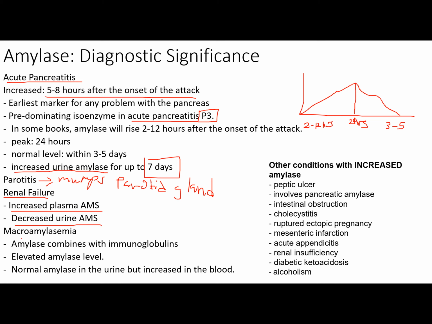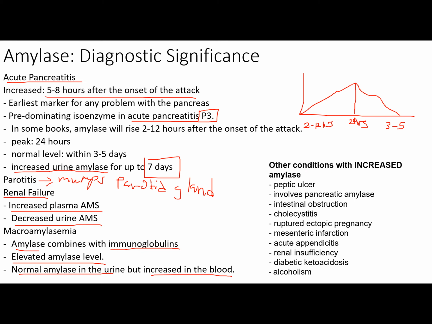Then we have the so-called macroamylasemia. Macroamylasemia usually occurs when amylase combines with antibodies or immunoglobulin. If that happens, it would cause an elevated amylase level in the blood, but normal amylase in the urine.